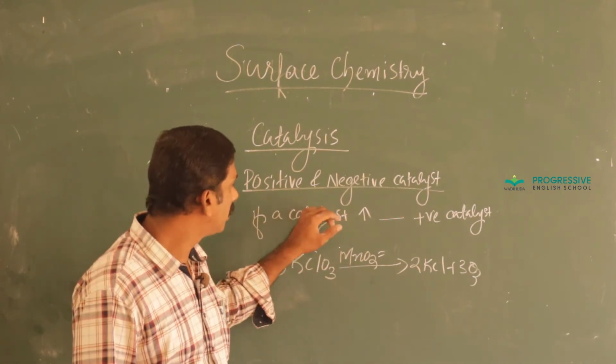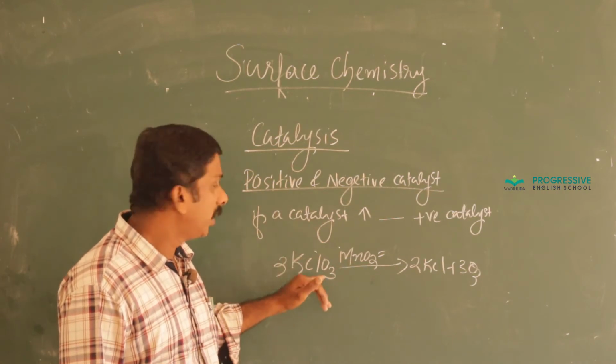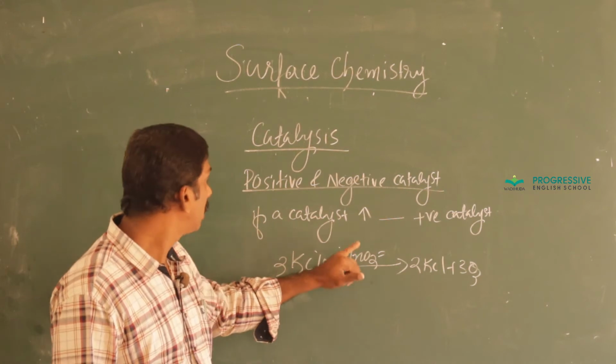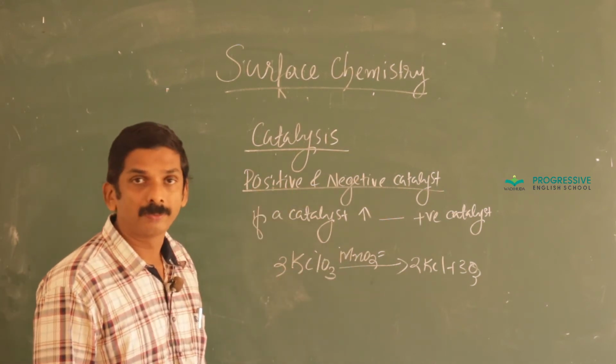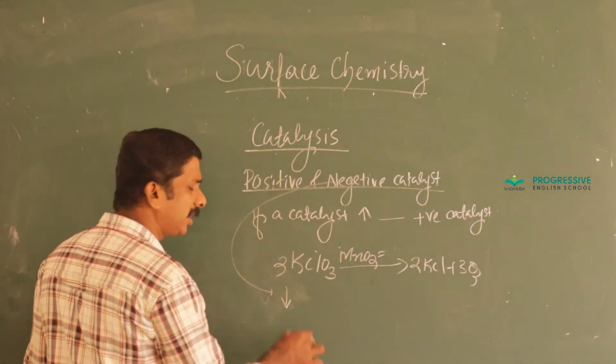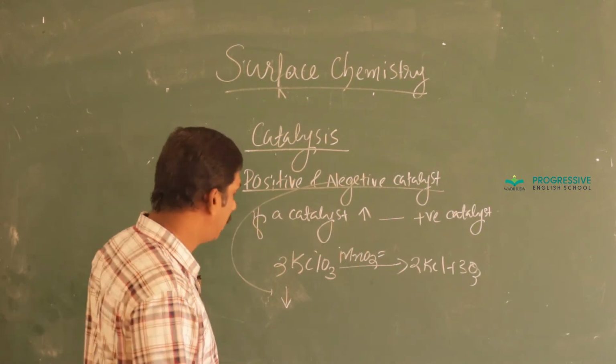There is another term, don't confuse with that, that is why we discuss one by one. A catalyst that itself increases the rate of a reaction is called a positive catalyst. And if a catalyst decreases the rate of a reaction, it is called a negative catalyst.